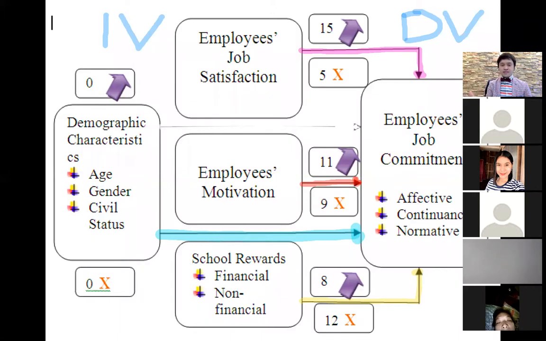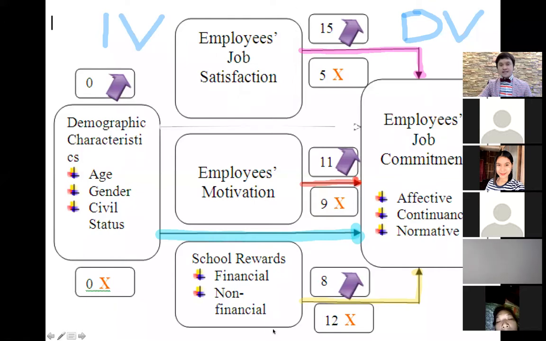So what's the lesson? What's the takeaway for today? It is important that in doing a research paper, first you need to identify your independent variable and your dependent variable. In terms of placement, the independent variable is found on the left side of your screen.